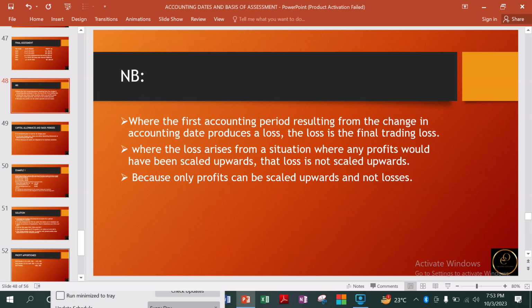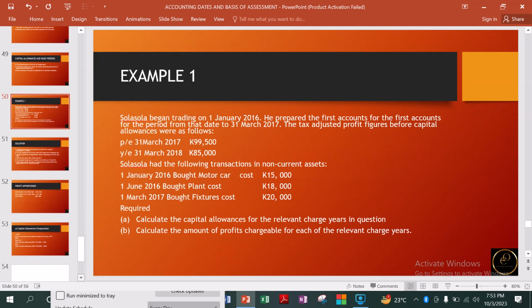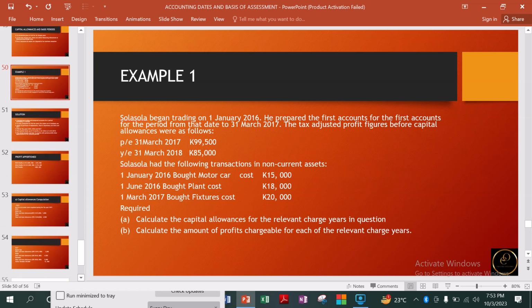We also move on to look at another example, being the last example. Sosala began trading on 1st January 2016.